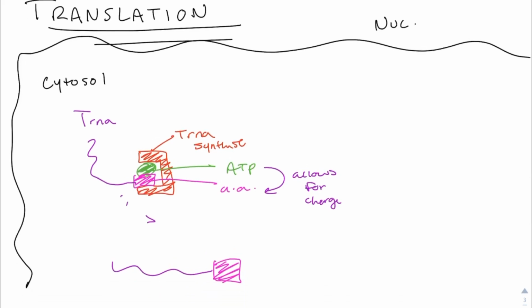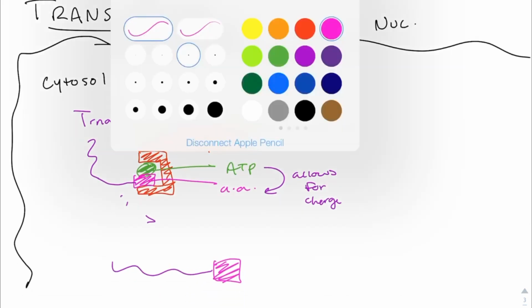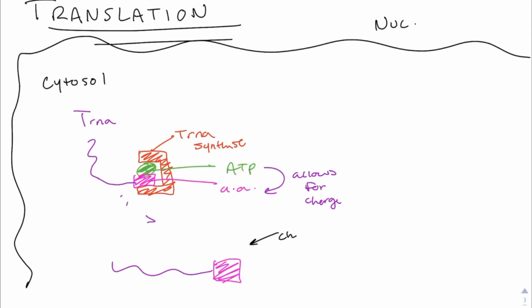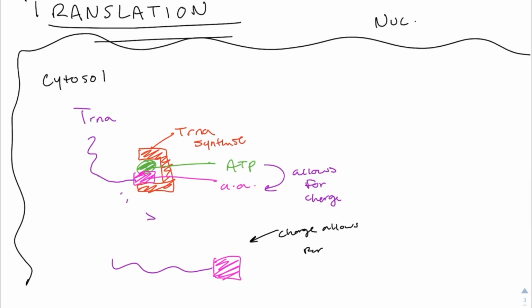So yeah, this allows for charging, and it's very important. So you need to know that you charge tRNA with ATP via amino acid sequences. Now, this allows for gene expression to occur, so we need it charged.